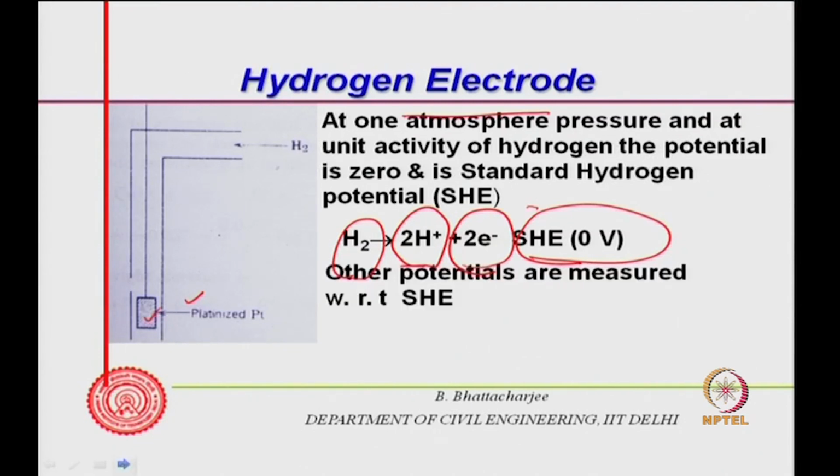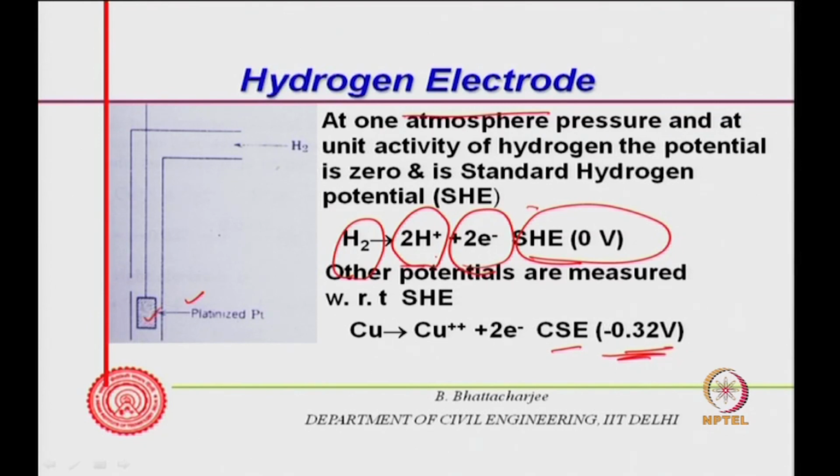For example, the most commonly used one for reinforced concrete is the copper sulphate electrode, whose value is minus 320 millivolt with respect to the standard hydrogen electrode. So, hydrogen electrode is considered 0, copper electrode is minus 320 millivolt.